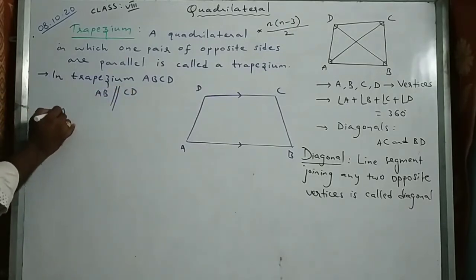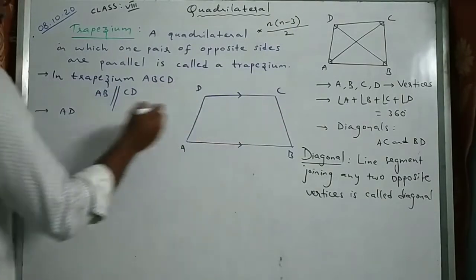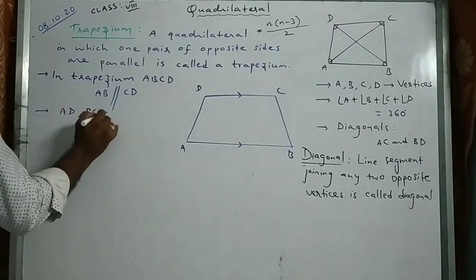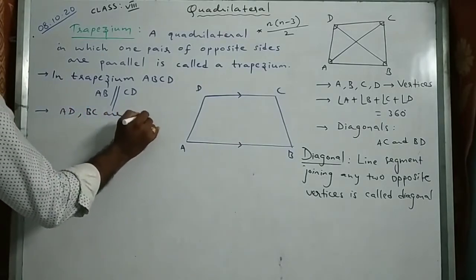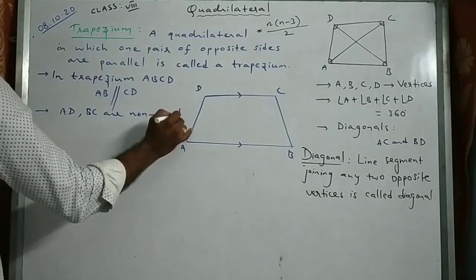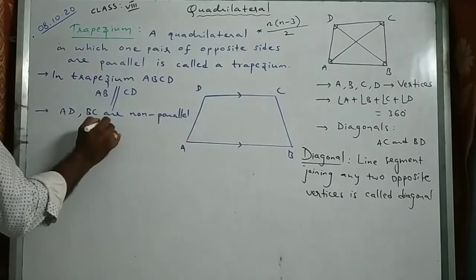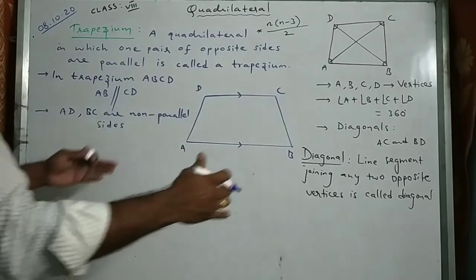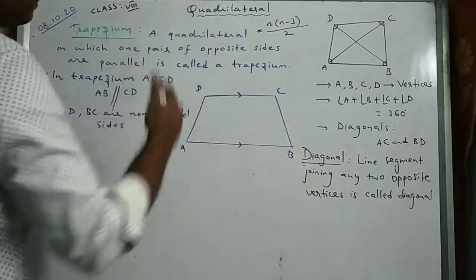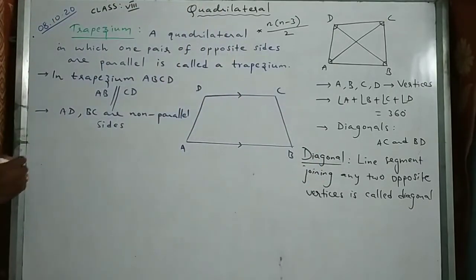AD and BC are non-parallel sides. They are not parallel, which means they will meet somewhere.